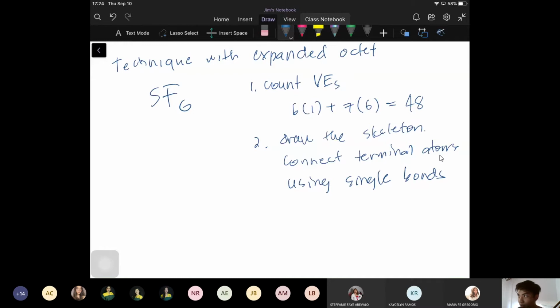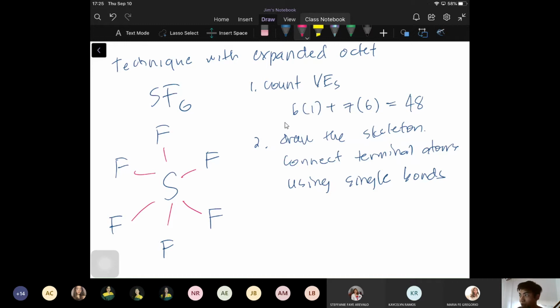You draw the skeleton, then you connect the terminal atoms using single bonds. So, si fluorine, terminal atoms yan. So, I have 6 terminal atoms. Then, what we will do, we connect them using single bonds. Yan. So, na-connect ko na sila lahat. Okay? So, yun. Ito hindi kaya gawin ni NASO rule.